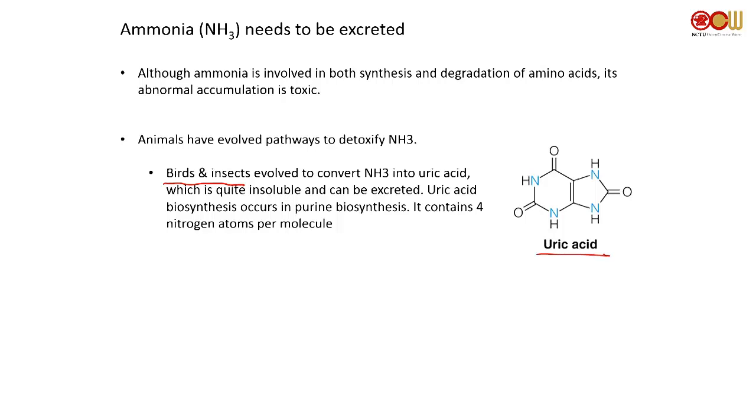So uric acid, apparently it's not very soluble, so you can condense them and check out how many nitrogens you got. 1, 2, 3, 4. Okay, ammonia is 1 nitrogen, so you can put 4 ammonia into 1 uric acid, and then you can poop it out.